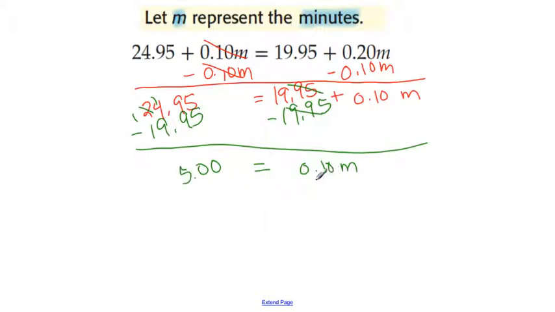Well, we have 0.10 m is equal to $5, so let's divide by 0.10 on both sides. So these cancel, and I have m is equal to 50. Okay?